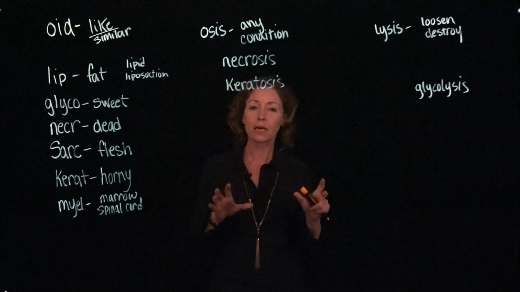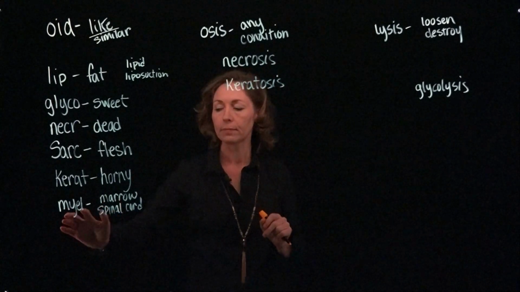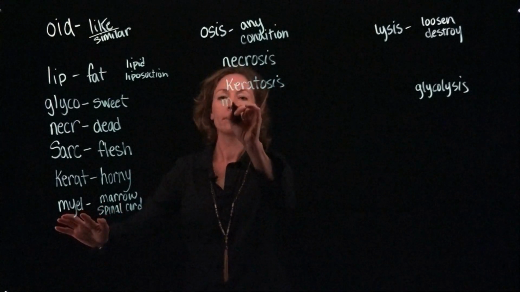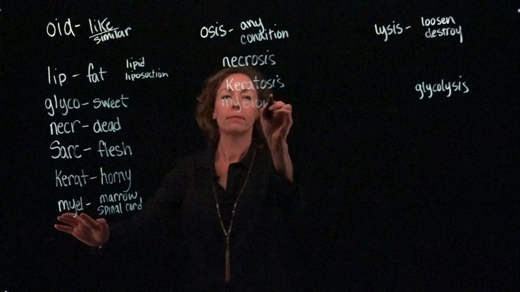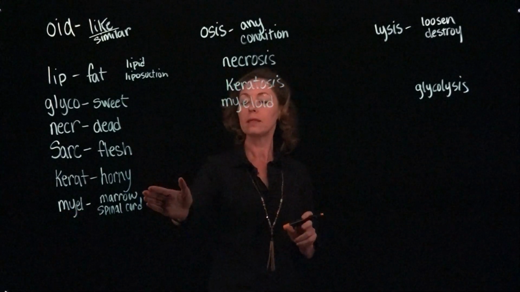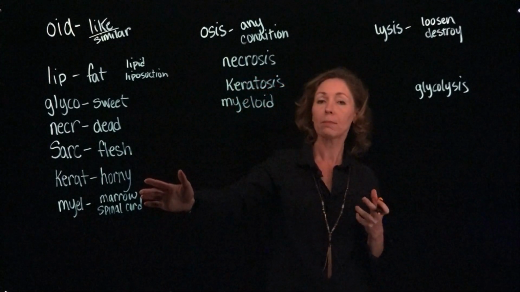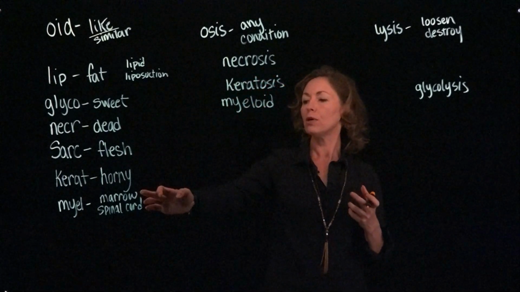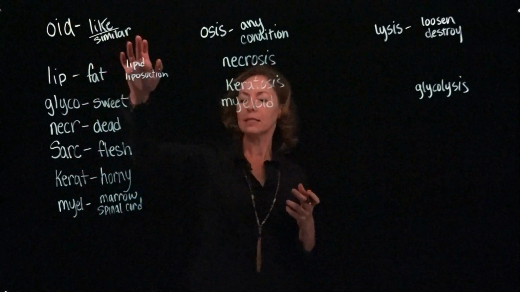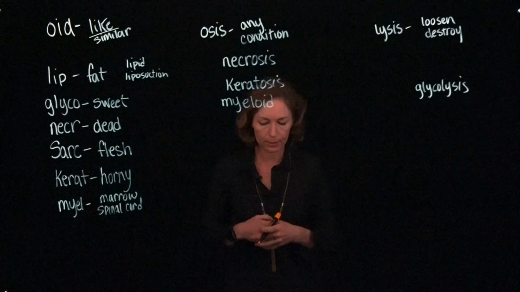There's a couple of different kinds of leukemia, but myeloid is a type of leukemia where it's in their bone marrow. So remember, our bone marrow is what makes our blood cells. So we know myeloid, it's like or similar to a marrow disease. They're telling us it's coming from here.